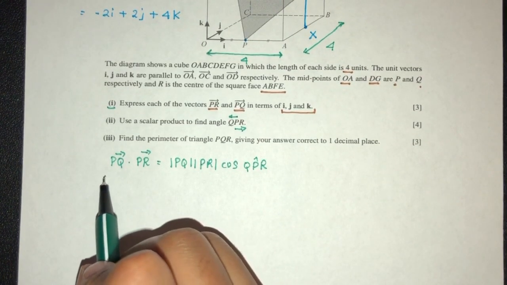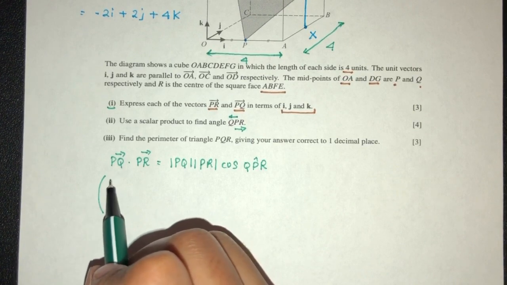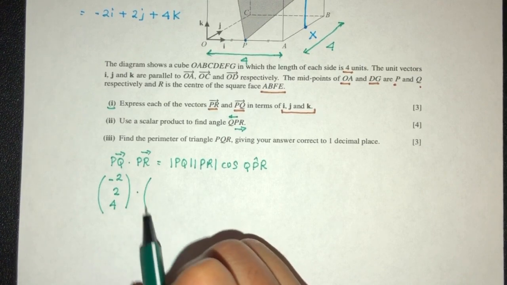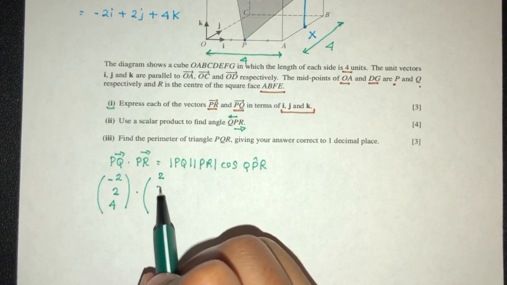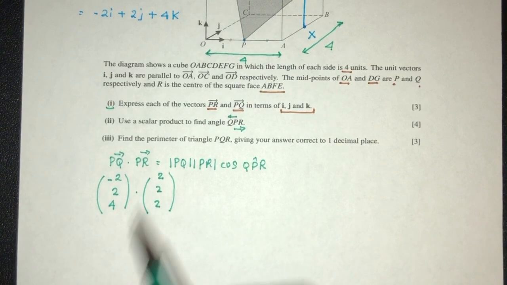So PQ was found to be minus 2, 2 and 4, right? And PR was found to be 2, 2, 2. Okay, that is first part.